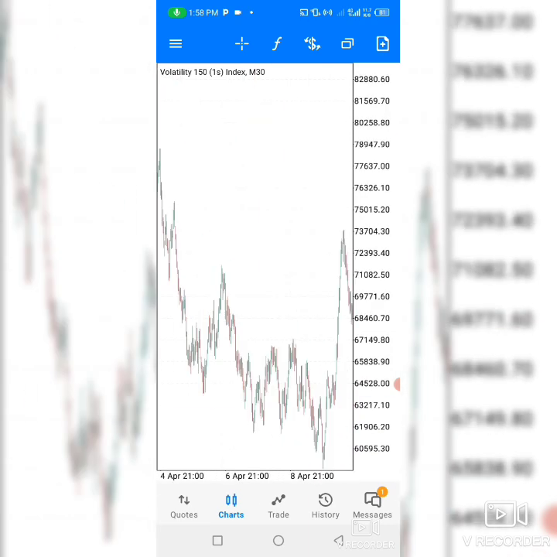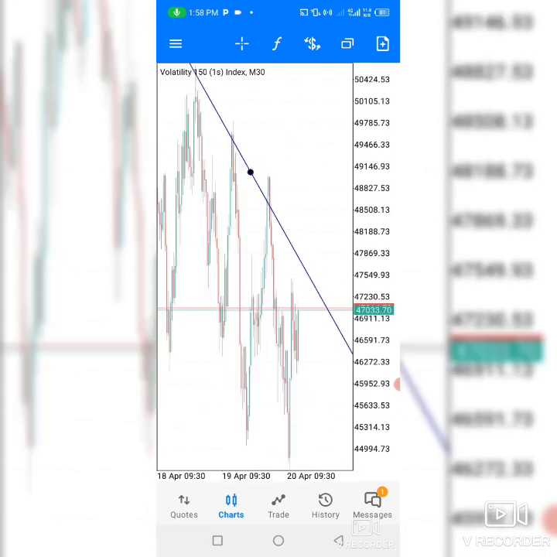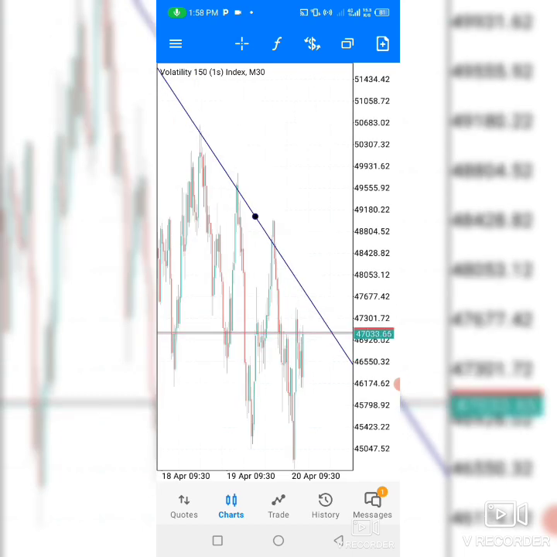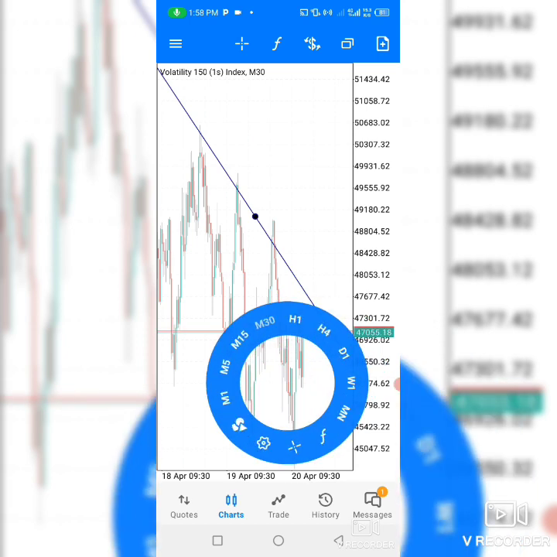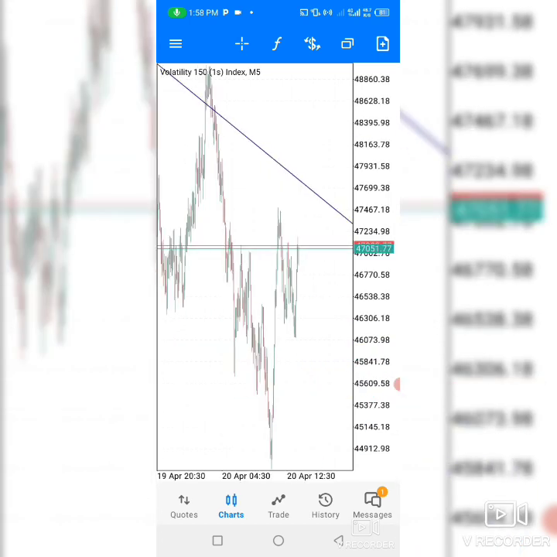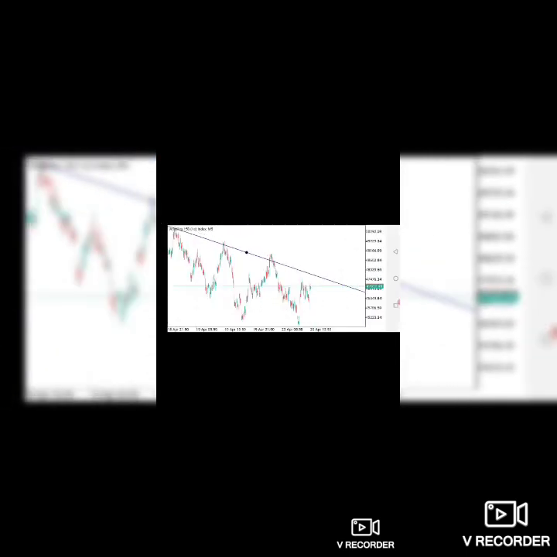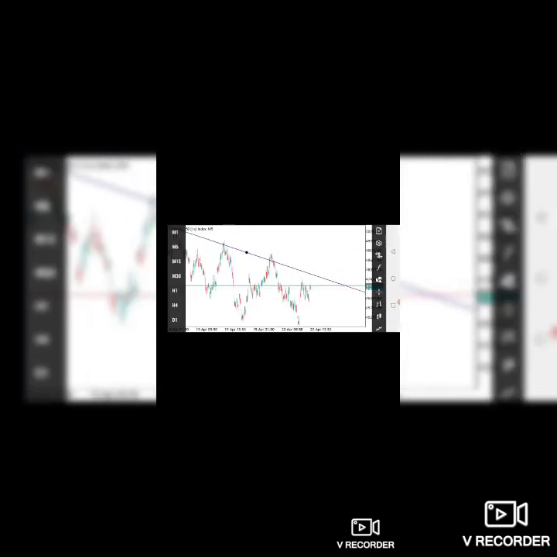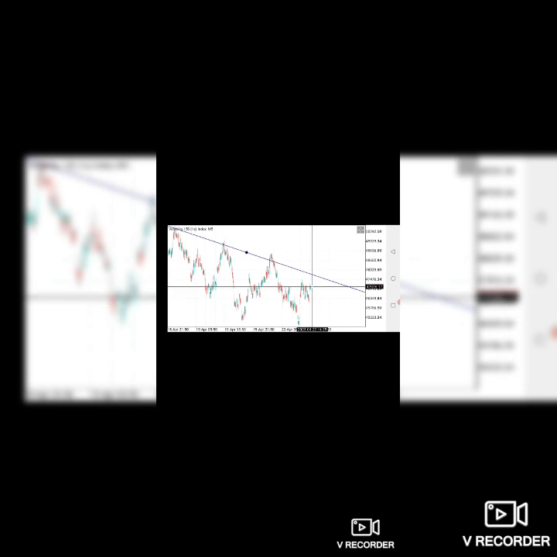Or if you go to a much lower time frame, it seems the price has to move a little bit higher to touch the trend line, but for the fact that the distance is not much, we can take it.